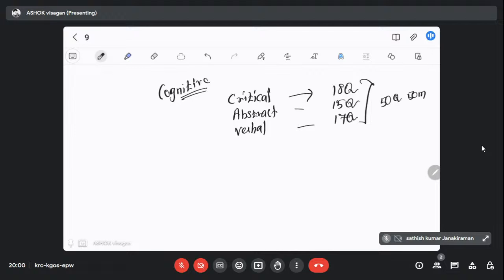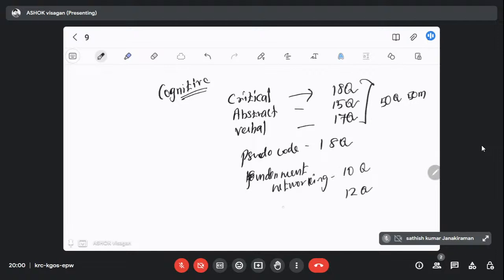In the remaining 40 minutes, pseudocode has 18 questions, 10 questions from fundamentals of networking and security, and 12 questions from MS Office and MS Word.